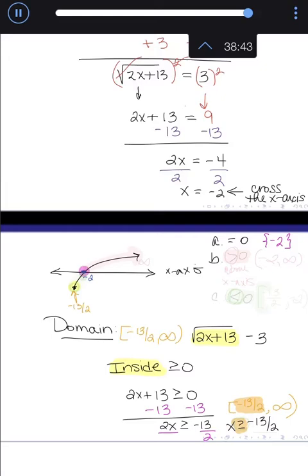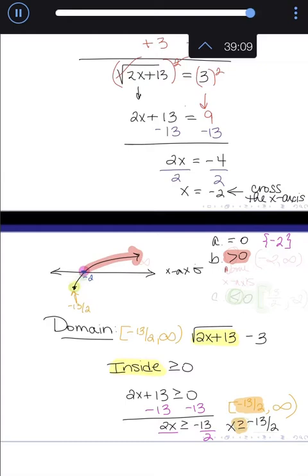Part B asked, when am I greater than 0, meaning when am I above the x-axis? You're above the x-axis in this part of your graph when you're greater than 0. That's what you're looking for when you're asking when am I greater than 0: when am I above the x-axis.